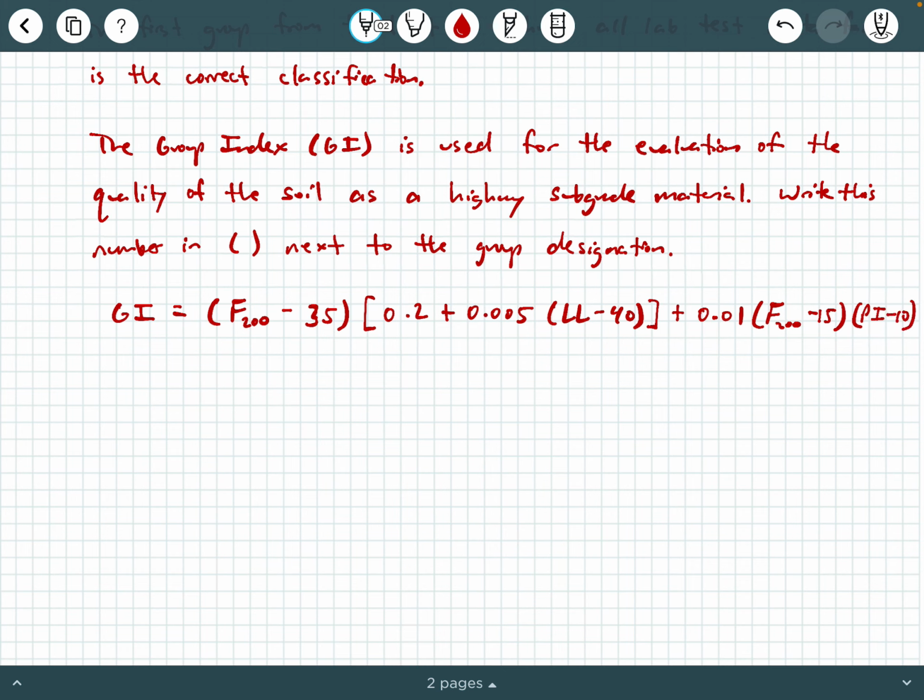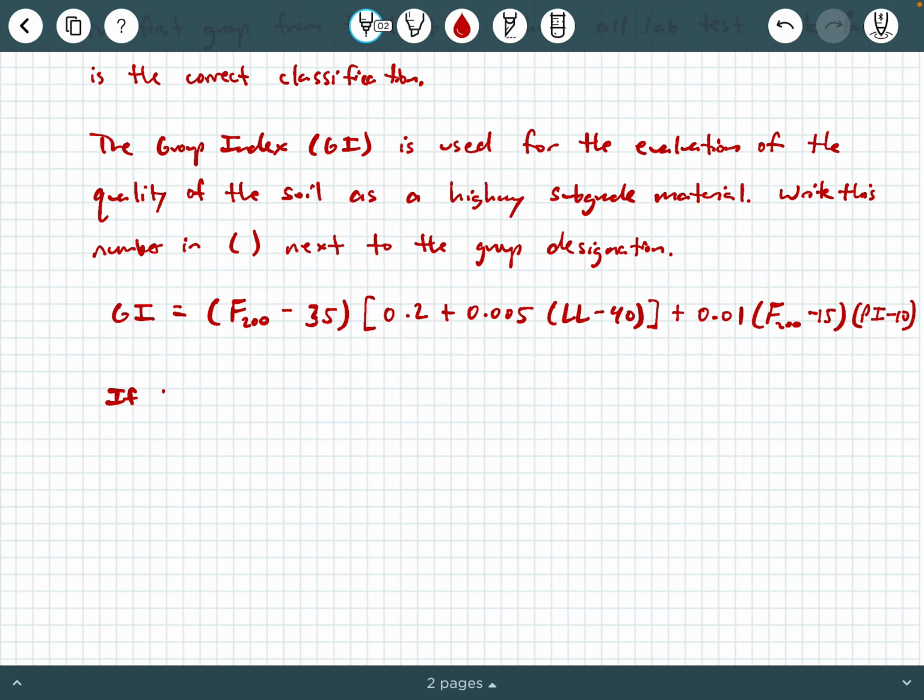Okay, now for the sake of the FE exam, once you get to that point in your career, this equation will be in the NCEES FE reference manual, so you don't have to memorize this equation, okay?